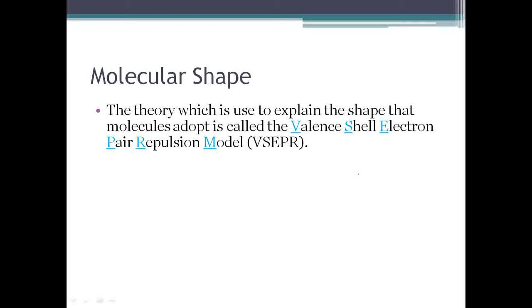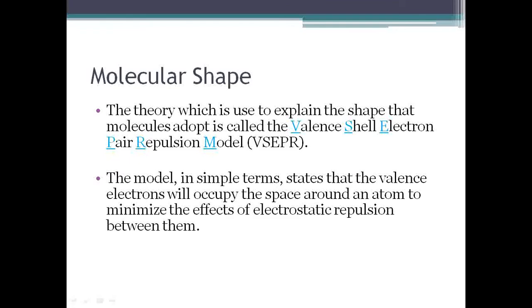So how do we work out what these shapes are? Well, we use this horrendously complex sounding idea or theory called Valence Shell Electron Pair Repulsion model. It sounds appalling, but it's actually not as bad as you first think. Best way to do it is kind of to get into it, really.